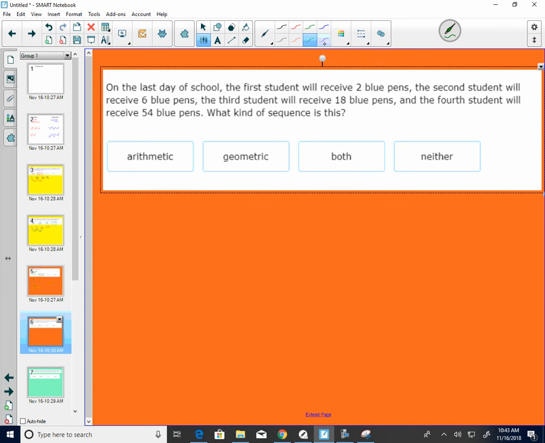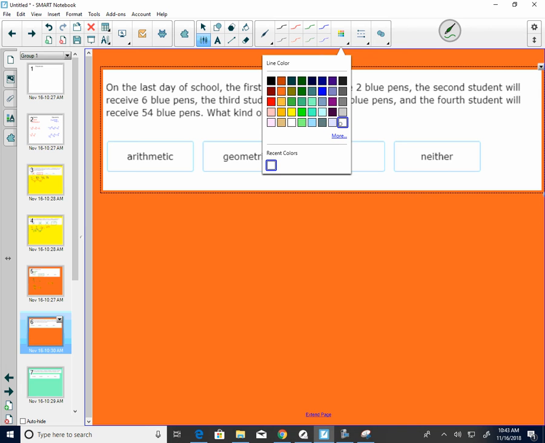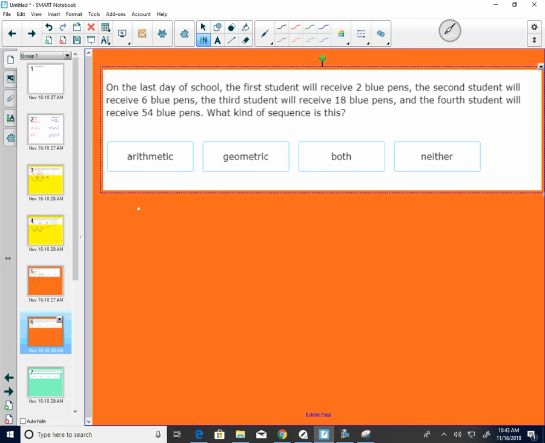So on the last day of school, the first student will receive 2 blue pens, the second will get 6 blue pens, the third will get 18 blue pens, and the fourth will get 54 blue pens.